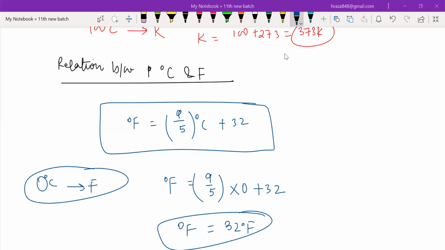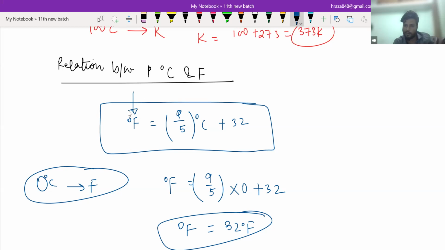And if there is a question to convert Fahrenheit into degree centigrade, you just have to put the value here and you will get your answer. Are you getting my point? Iram and Arnav? Yes, sir.